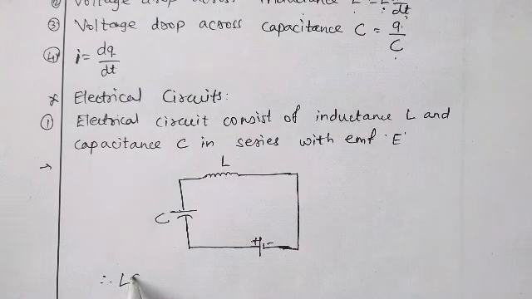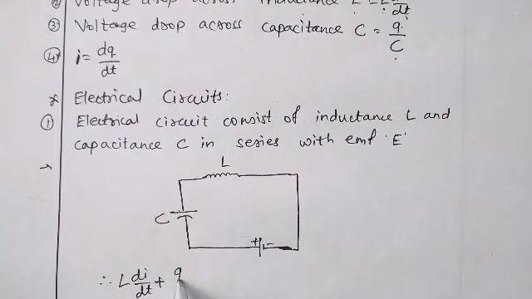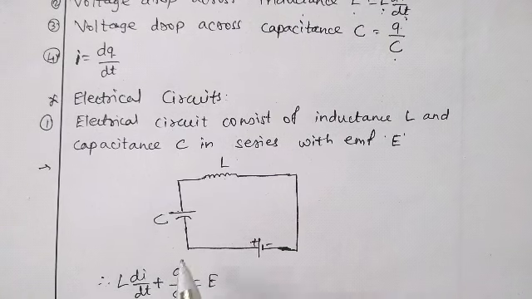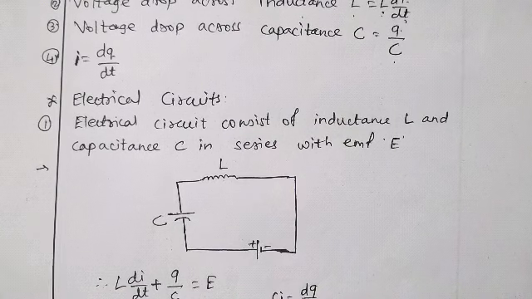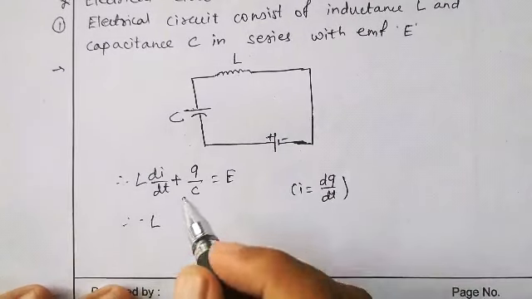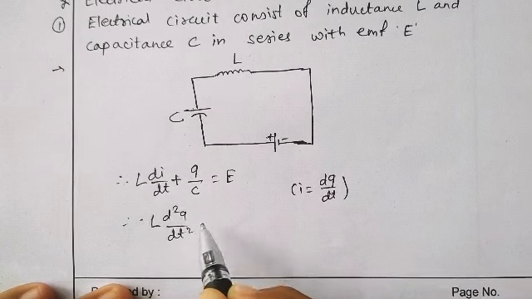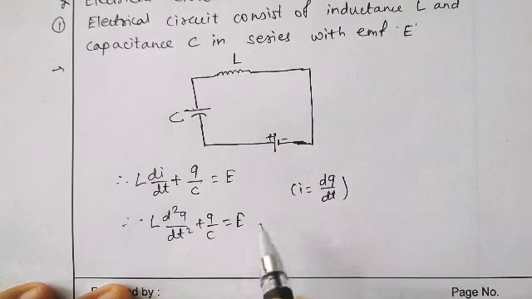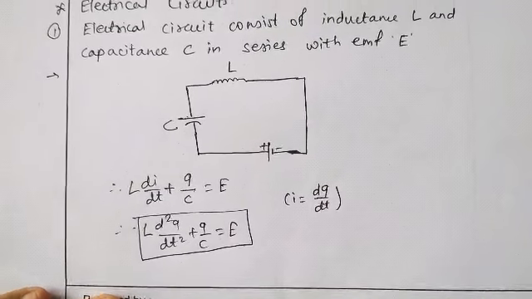Therefore, L into di by dt plus voltage drop across C, which is Q upon C, is equal to EMF E. Now we know that i is equal to dq by dt. So we get L into d square q by dt square plus Q upon C is equal to E. That is the required differential equation.